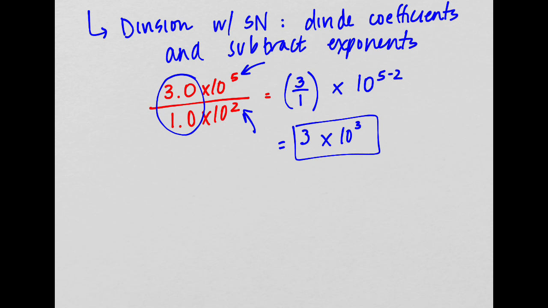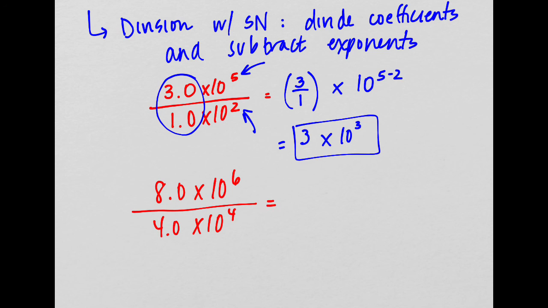Another example. Let's look at another simple one. 8.0 times 10 to the 6th divided by 4.0 times 10 to the 4.